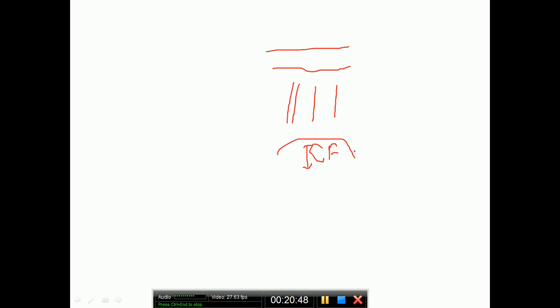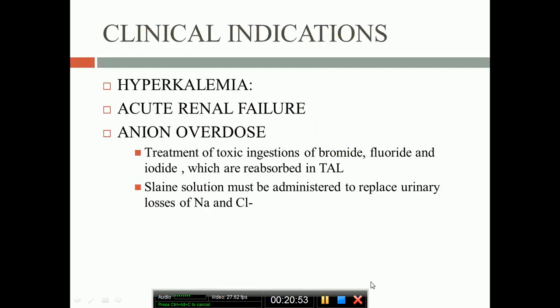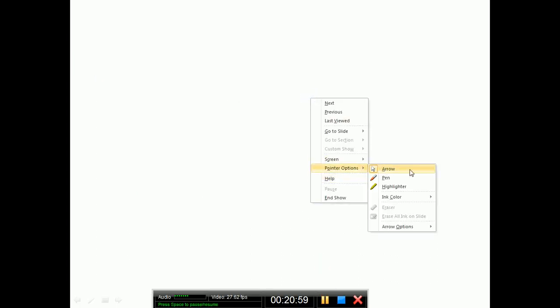My apologies for this sort of setting. So you have to bear with me again. This is the plasma, interstitium, and the cell. So what happens? This fluid volume increases.